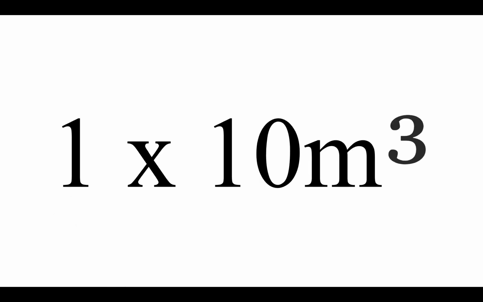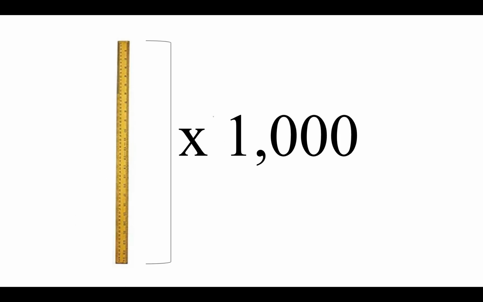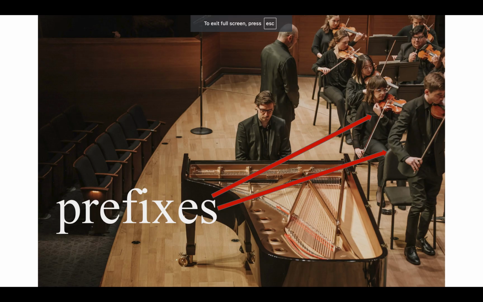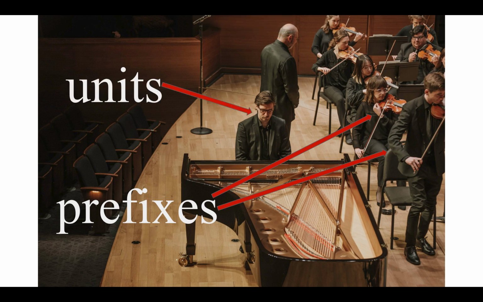So to put this into perspective, kilo just means the value of the unit times 10 to the power of 3, or in other words, the unit with 3 zeros following behind it, which just means 1000 times the unit, as 1000 has 3 zeros following behind it. Think of them as instrumental backing for the main characters, the units.